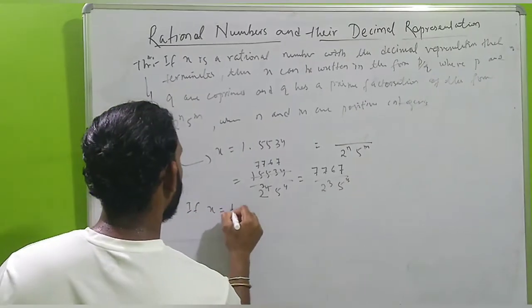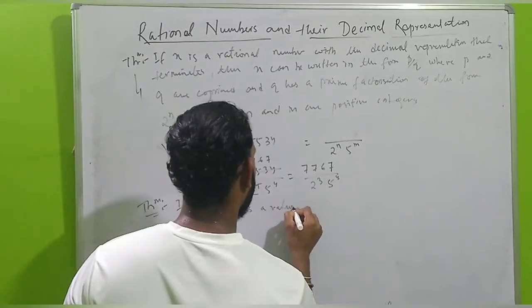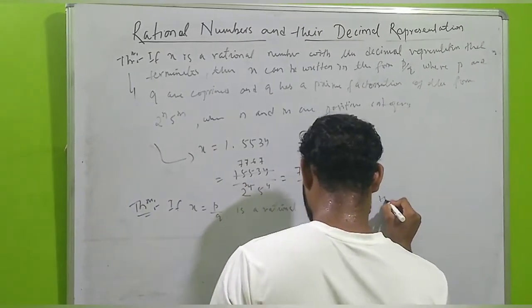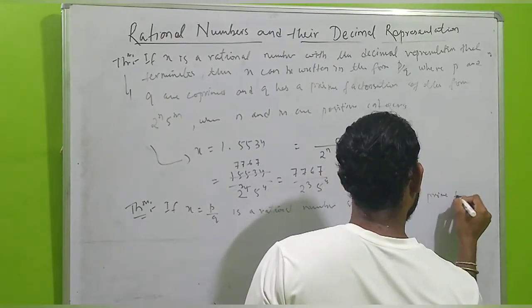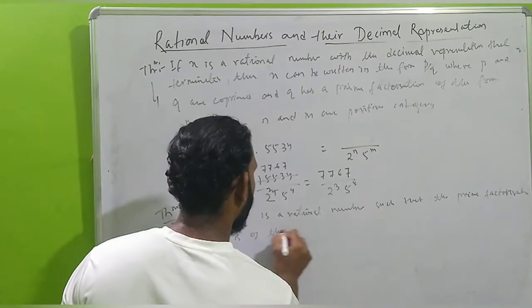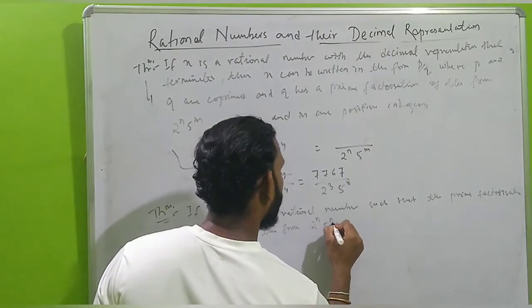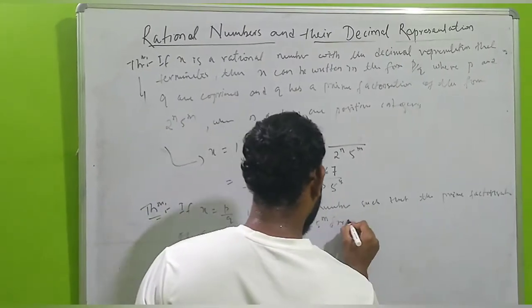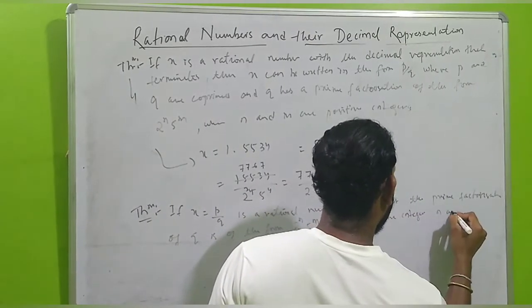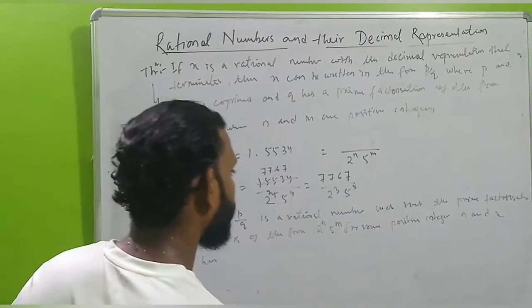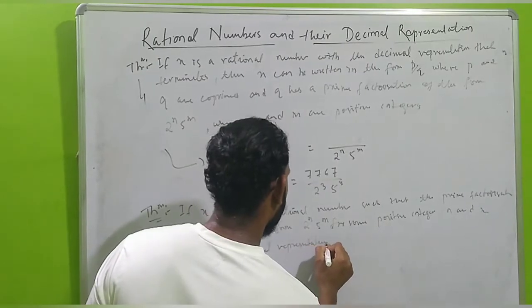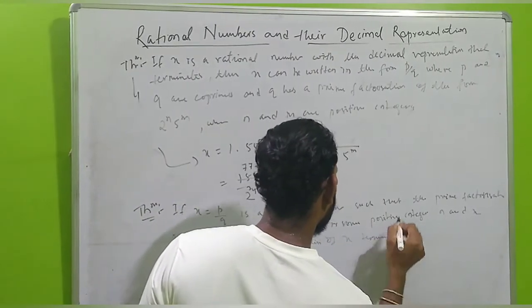That means if x is equal to p by q is a rational number such that the prime factorization of q is of the form 2 to the power n into 5 to the power m for some positive integers n and m, then the decimal representation of x terminates. So this is basically the converse of this part.